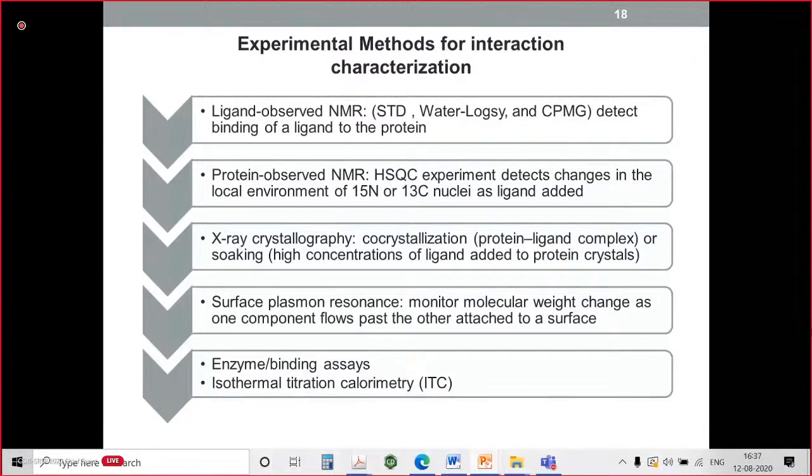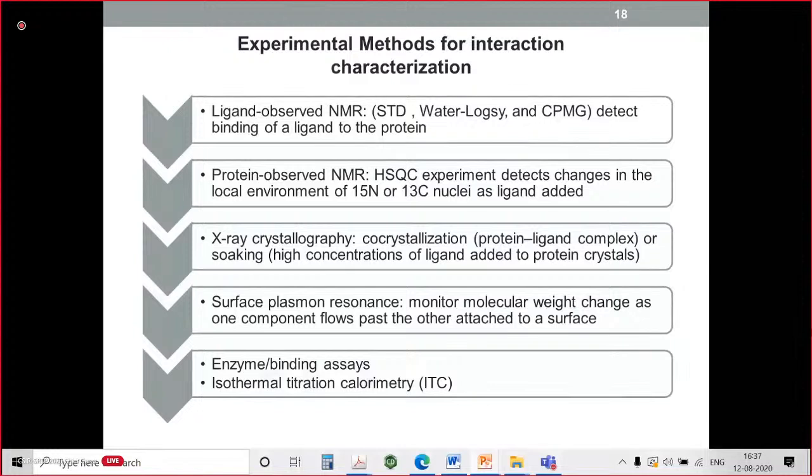The other option is protein observed NMR, where HSQC, heteronuclear single quantum coherence, also known as single bond correlation, is used. In protein, the nitrogen and hydrogens in the amide bond are polar in nature.